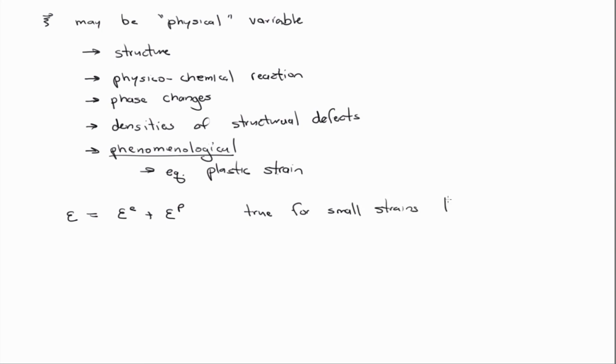So again, our definition of small strain is when the displacement gradients are much, much less than 1. Okay. So more correctly, which will hold for large deformations too, we use an additive decomposition of the strain rates. So we say the total strain rate can be additively decomposed into an elastic and a plastic part.